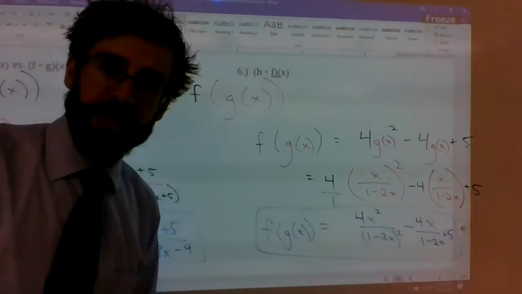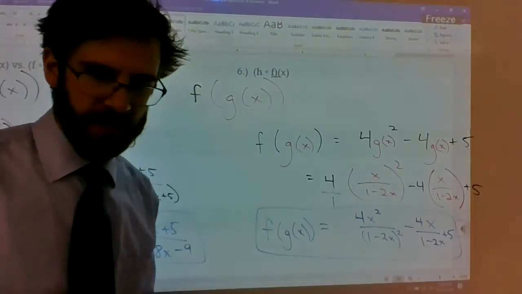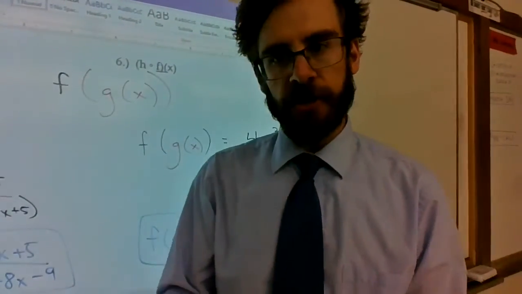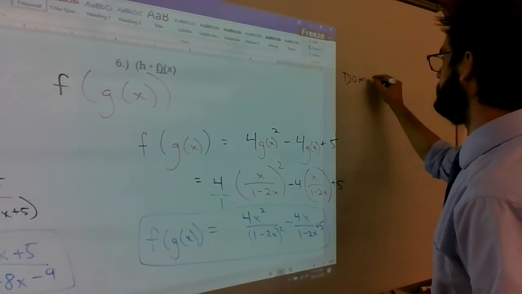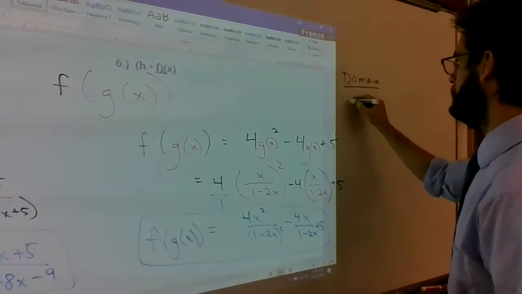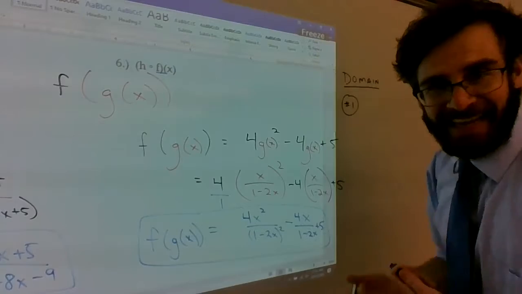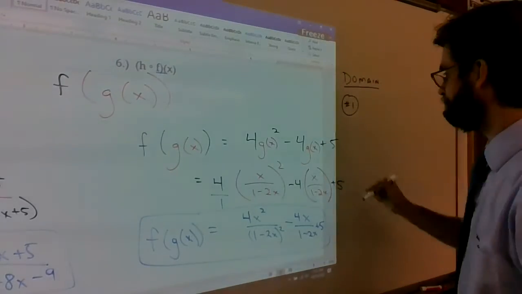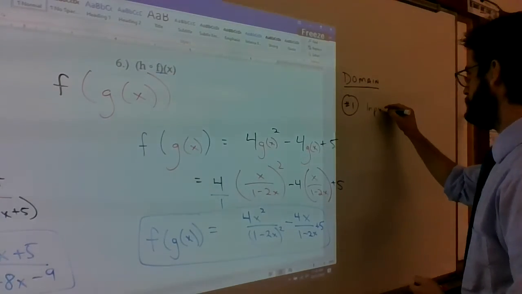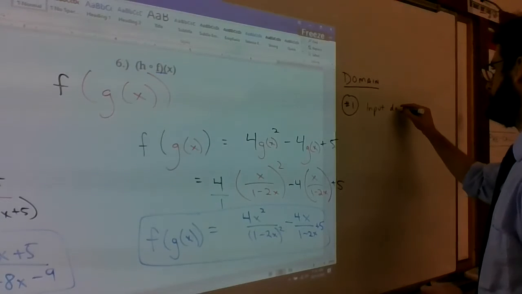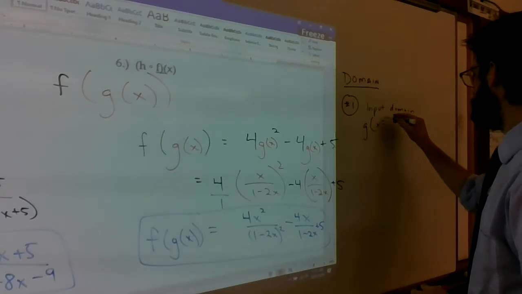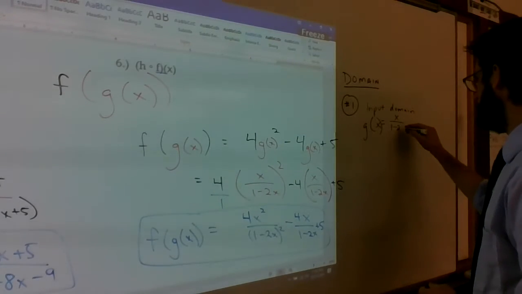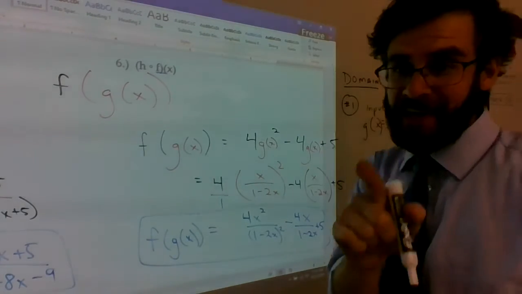Now the domain on this one is trickier. Let's go off to the side here and talk domain. On this function for domain, step 1, input function's domain. Your bottom can't be 0.